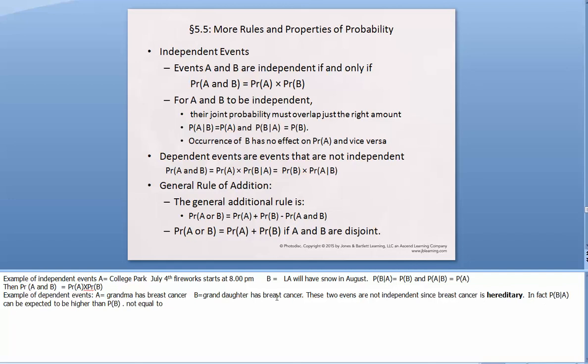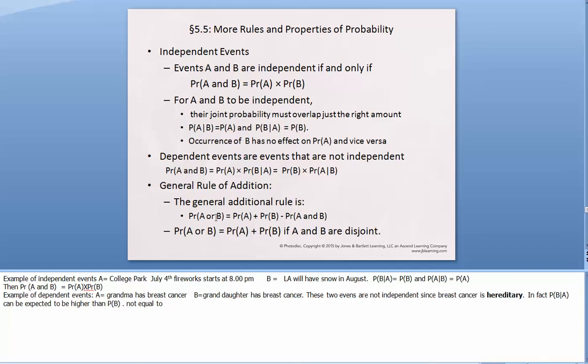So the probability of getting breast cancer is higher for a person whose grandma has it. The fact that we know this additional information changes the probability in this particular case, but in the earlier example it did not.